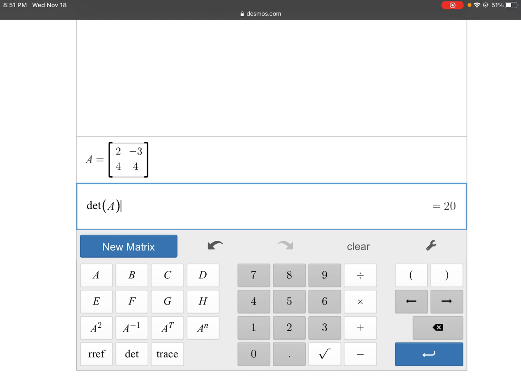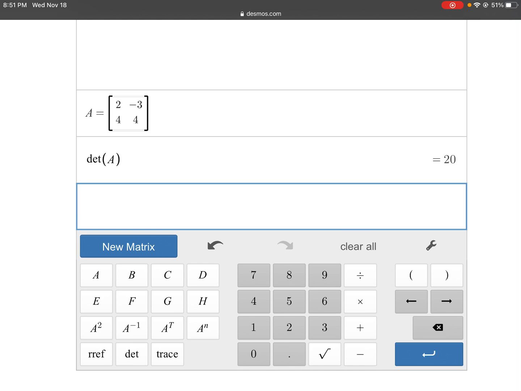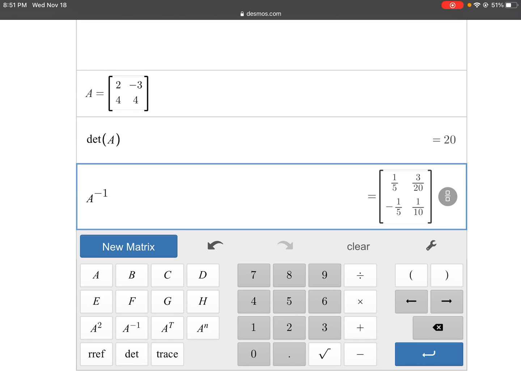Now let's go ahead and calculate the inverse of matrix A. So if I click A, and then I click the button down here right above determinant that has the A to the negative first power, that stands for the inverse. We can see right here, we get the matrix 0.2, 0.15, negative 0.2, and 0.1. By clicking the button next to it that looks like a fraction, we can convert those numbers to fractions.